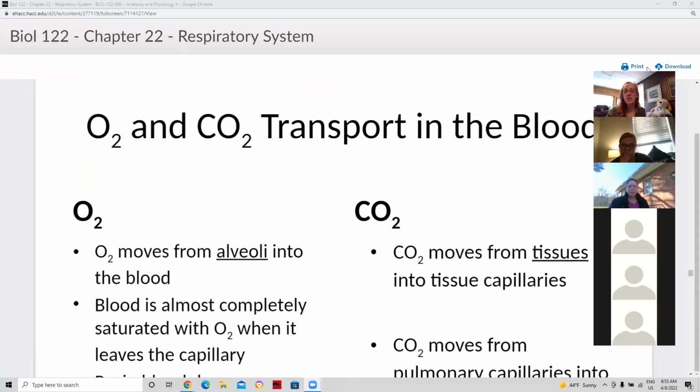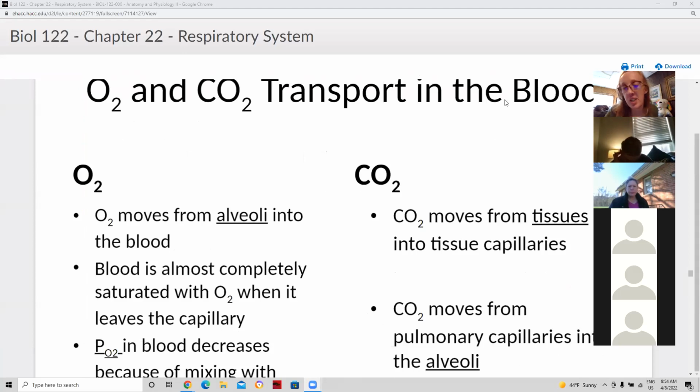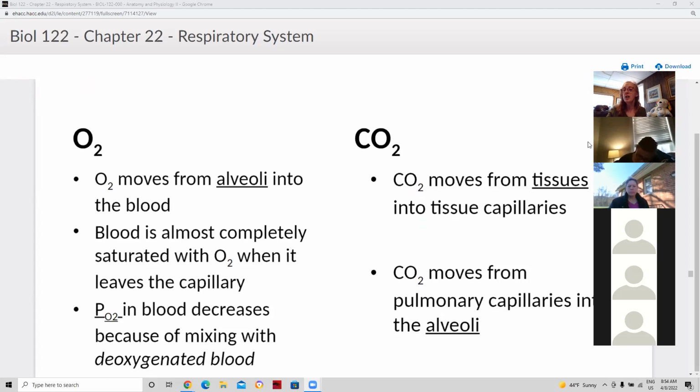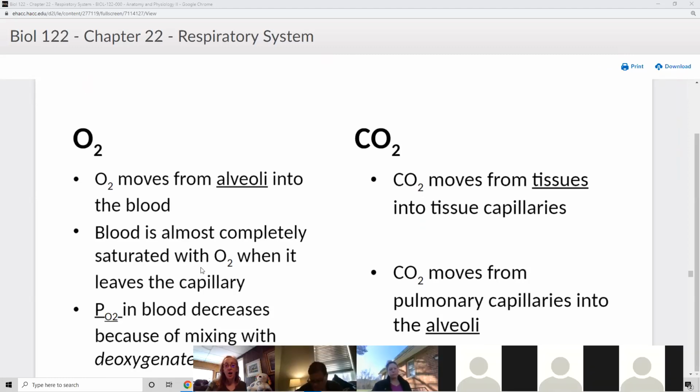So looking at just oxygen and carbon dioxide, because that's what we really care about when we're talking about the respiratory system. Oxygen moves from the alveoli into the blood. Carbon dioxide is going to move from the tissues into the tissue capillaries, aka the blood. The blood is almost completely saturated with oxygen when it leaves the capillaries.